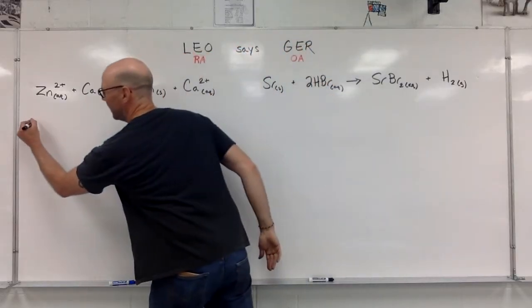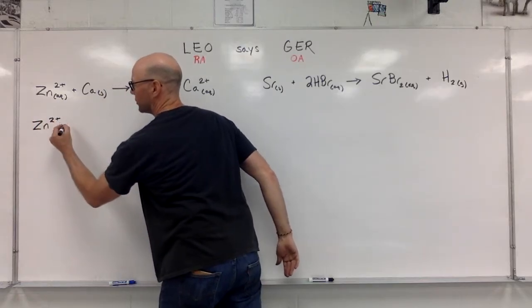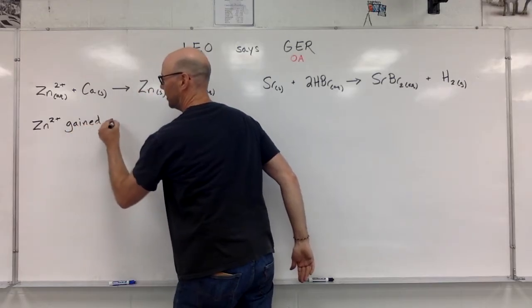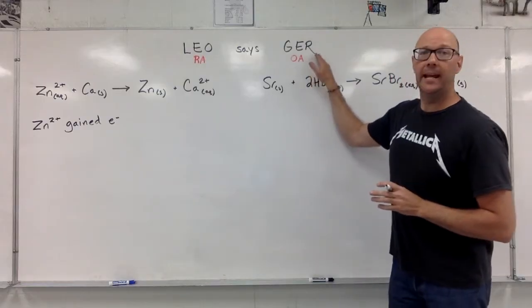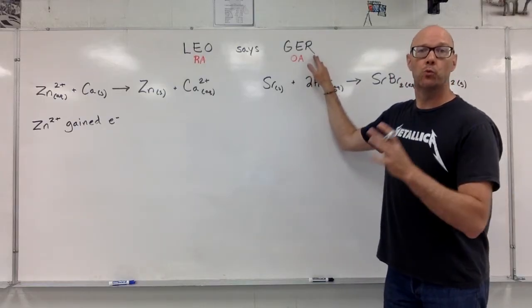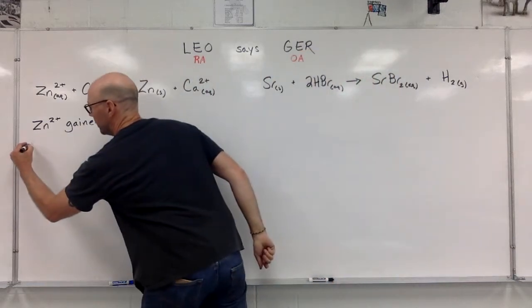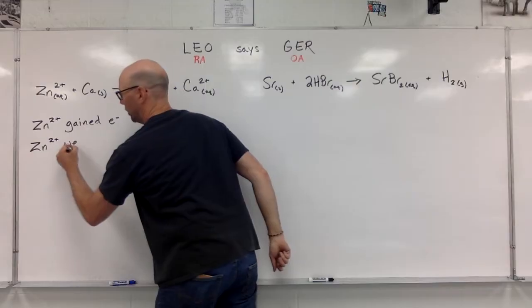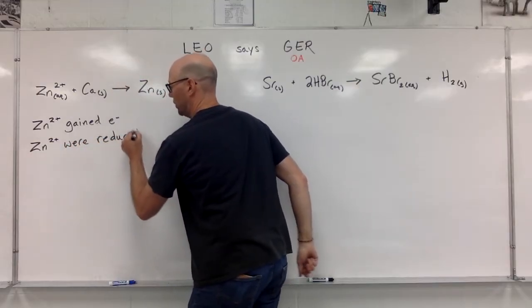So we can say that these zinc ions gained electrons. Now, a gain of electrons is reduction. So we can further say that these zinc ions were reduced.